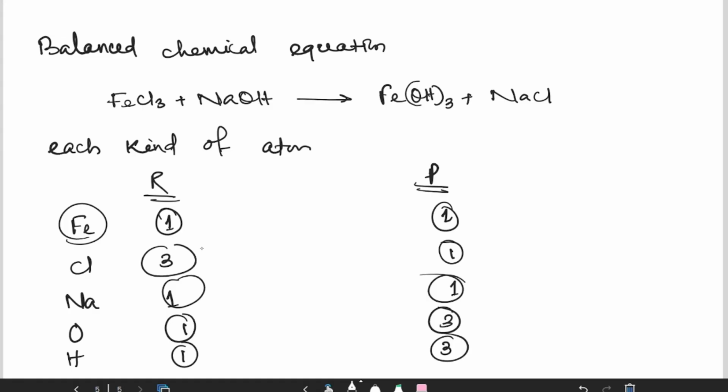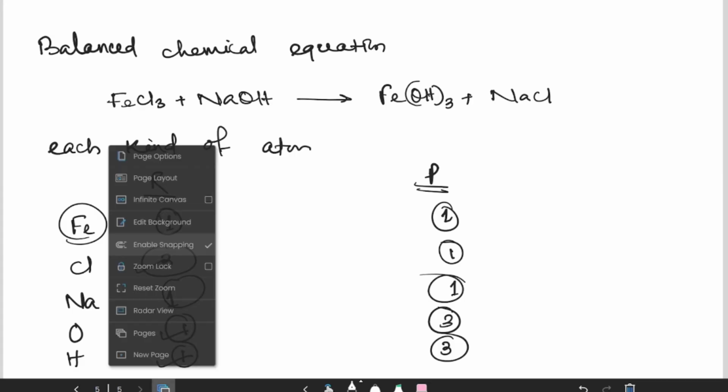You see, a few elements like chlorine, oxygen, and hydrogen are not equal. We have to make them equal. That's why this is called a balanced chemical equation, because on both sides you should have each kind of atom in equal numbers. Then only it is said to be a balanced chemical equation.